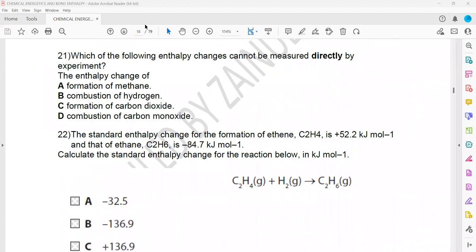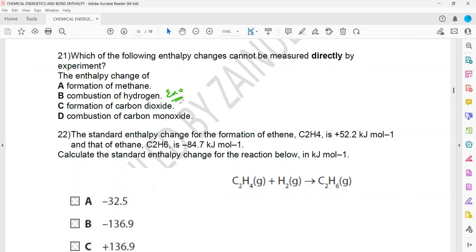Then in question 21, which of the following enthalpy changes cannot be measured directly? For endothermic reactions, we cannot measure the enthalpy change directly. Combustion is always exothermic, because when something burns it releases energy, so we can measure it.